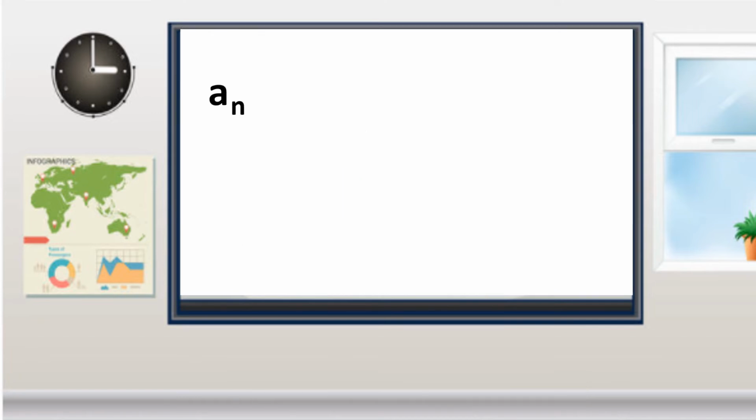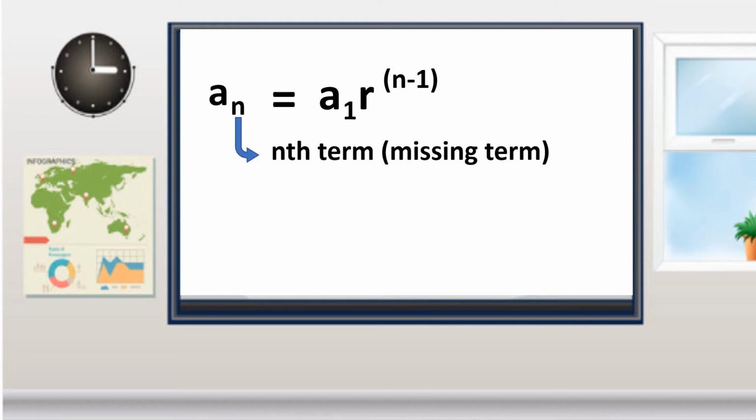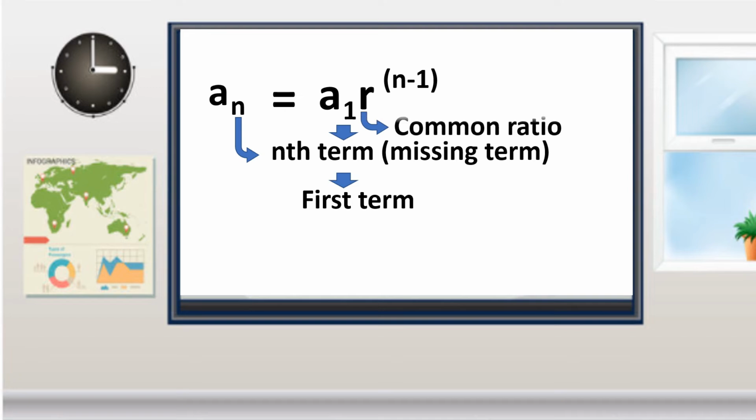In this case, a sub n is equal to a sub 1 times r to the n minus 1, where n is the nth term or the missing term, a sub 1 is also termed as the first term, r is the common ratio, and n minus 1 is the ordinal number of the missing term in the sequence.